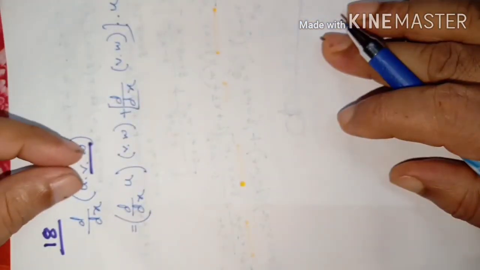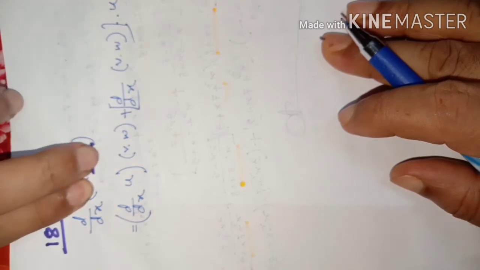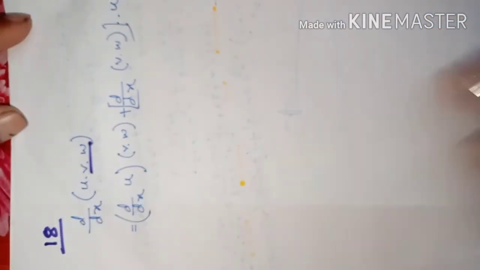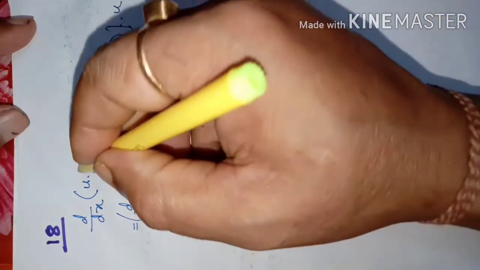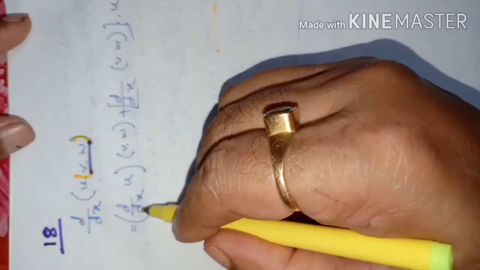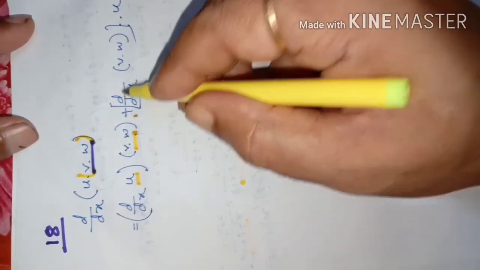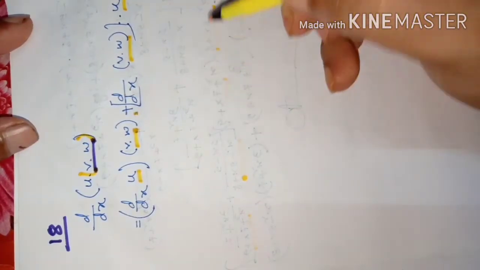Treat this whole thing as a single quantity, and inside it you can say d/dx of u into v plus d/dx of v into u.